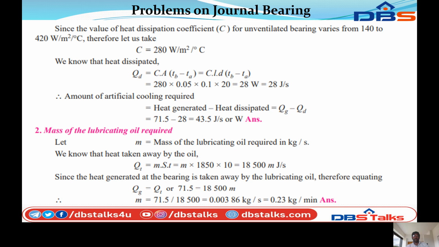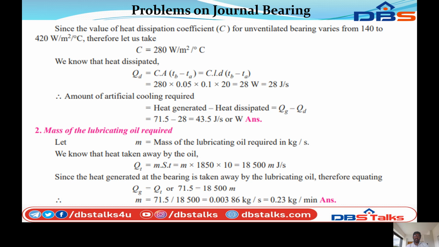So we know that the heat taken away from the oil, Qt is equal to M into S into T, that equal to M into 1850 into 10, that equal to 18,500 M joule per second.